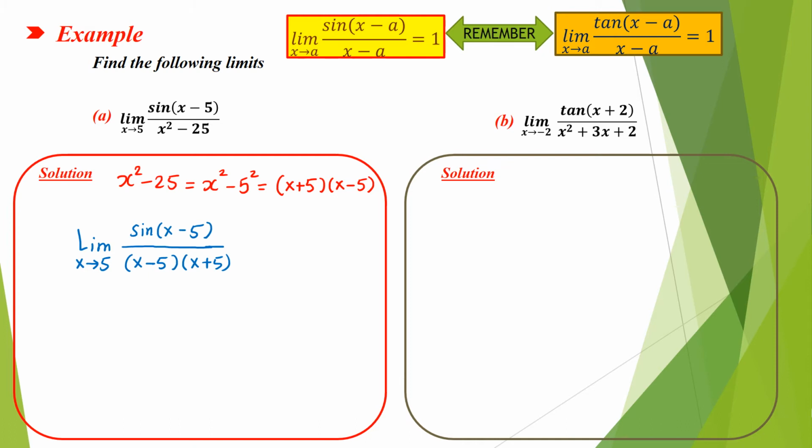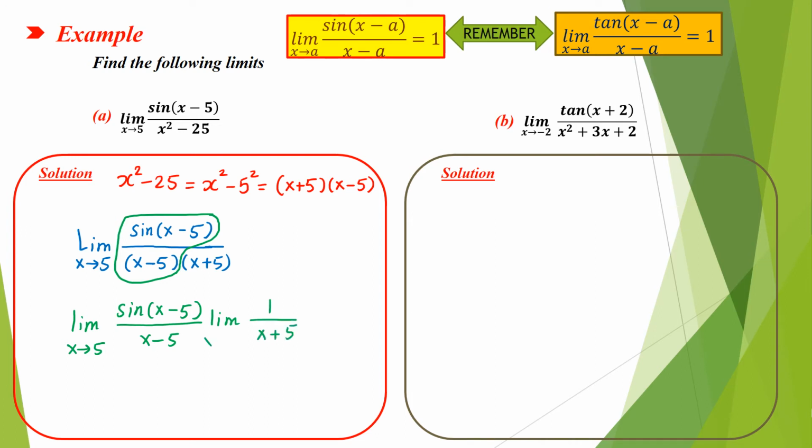Next, you can separate this quantity and write the limit of sine of x minus 5 divided by x minus 5 when x goes to 5, multiplied by the limit of 1 over x plus 5 when x goes to 5.